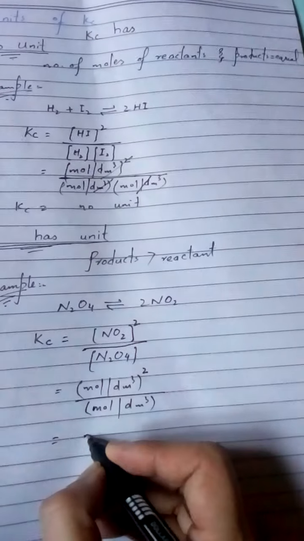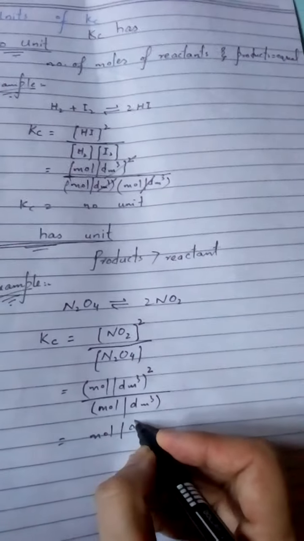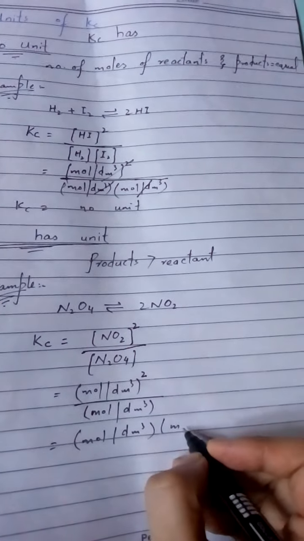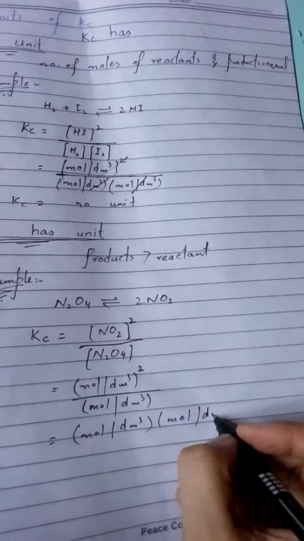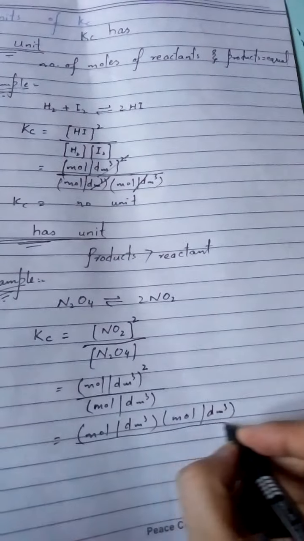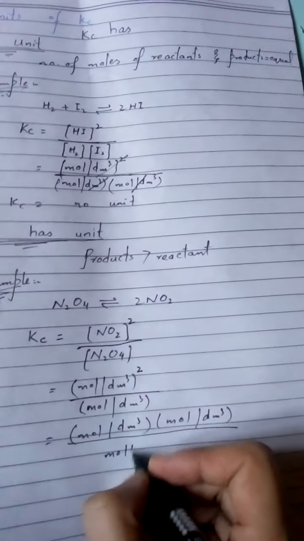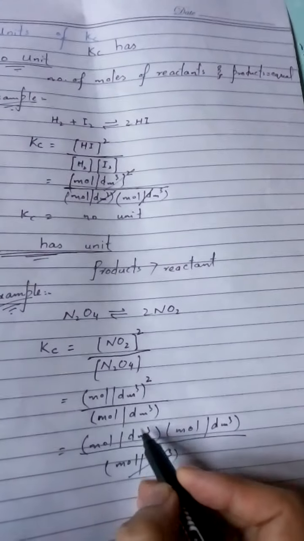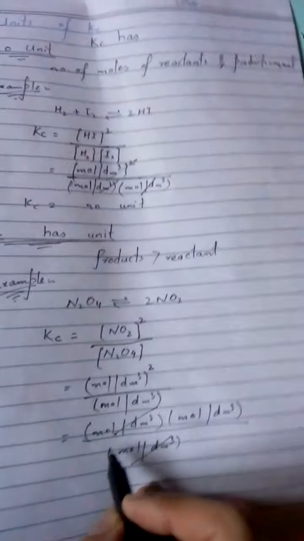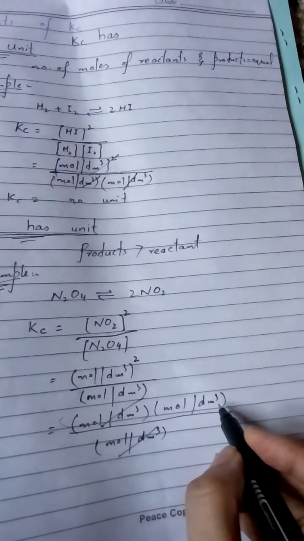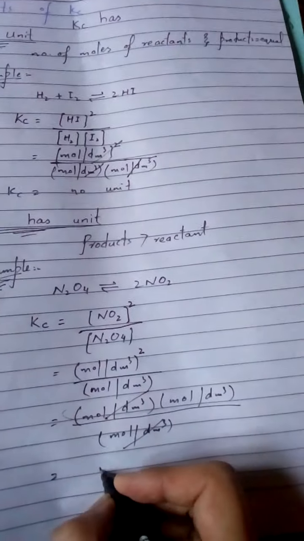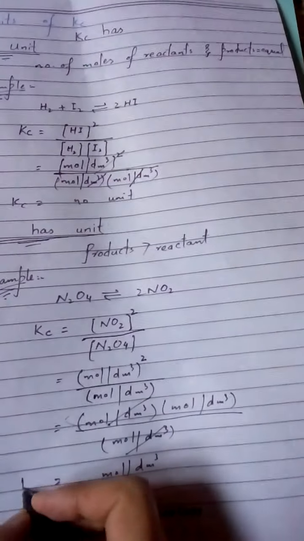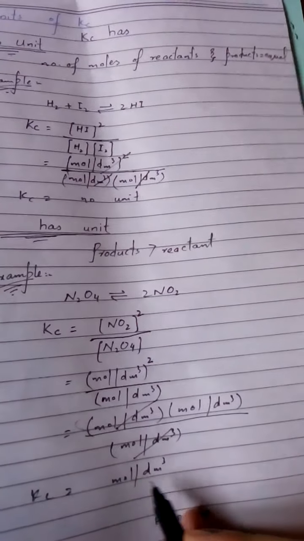Here we can write this mole per decimeter cube whole square as mole per decimeter cube into mole per decimeter cube, divided by mole per decimeter cube. Here one mole per decimeter cube cancels, and one mole per decimeter cube is left, so we will write mole per decimeter cube, which is the unit of Kc here. Here the unit of Kc will become mole per decimeter cube.